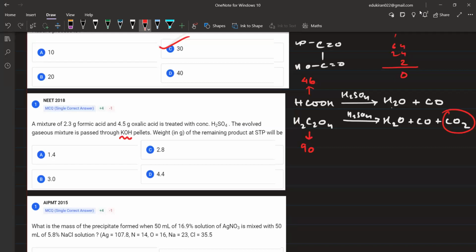Okay. So you will get number of moles of HCOOH is equal to 4.3 divided by 46 और इसका हो जाएगा 4.5 divided by 90. Calculate these. कितना आएगा ये?